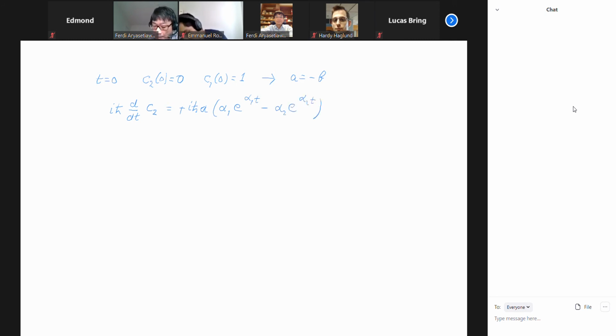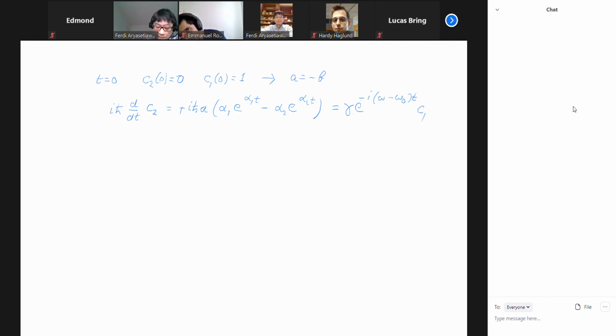But we also know that from the differential equation we wrote in the beginning, that is equal to gamma times e to the i (omega minus omega 0) t times C1, like that.